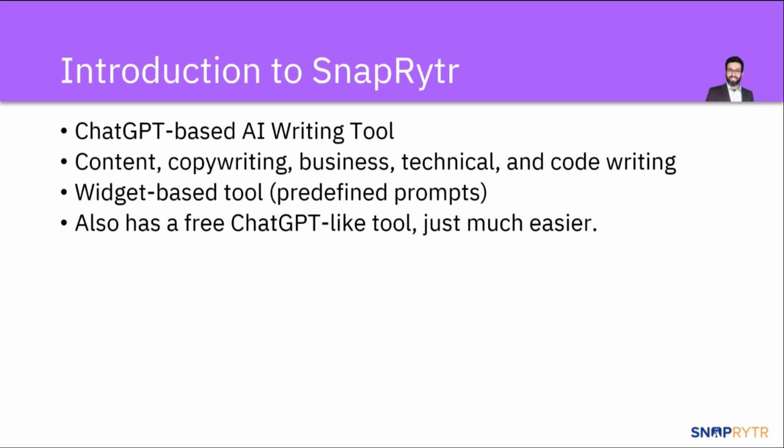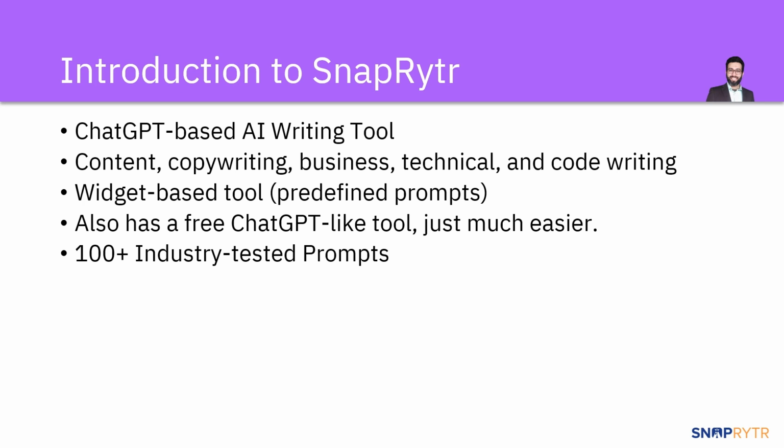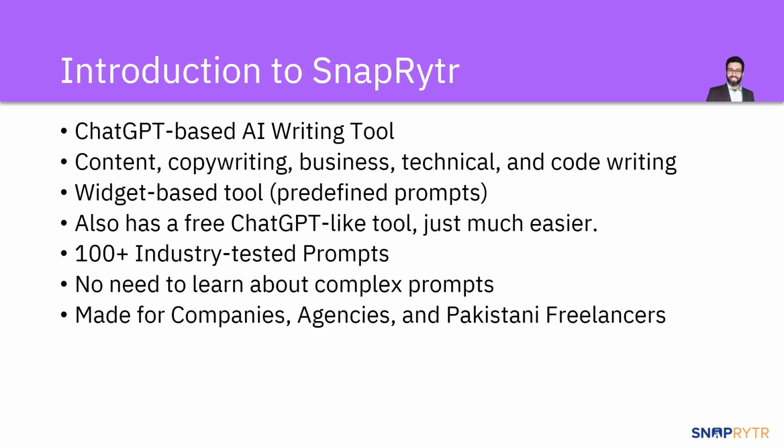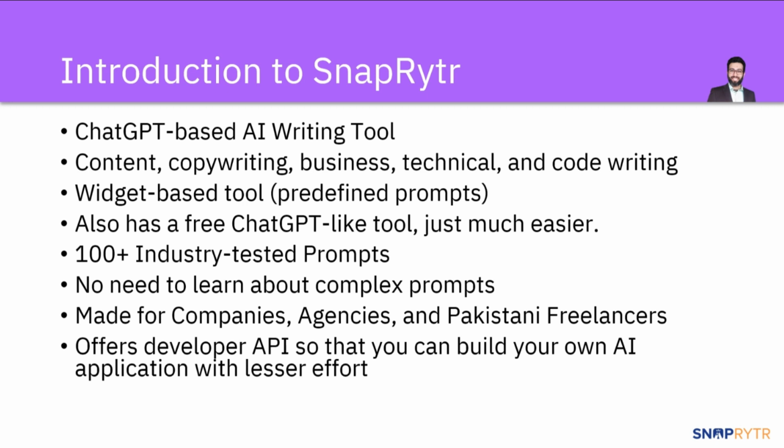I will tell you more about it in a while. SnapRytr also offers its developer API with which you can build your own product. You do not need to write any base code for stuff like user management, subscriptions, authentication, and prompts. Due to its vast scope, SnapRytr addresses the needs of companies, agencies, and freelancers.